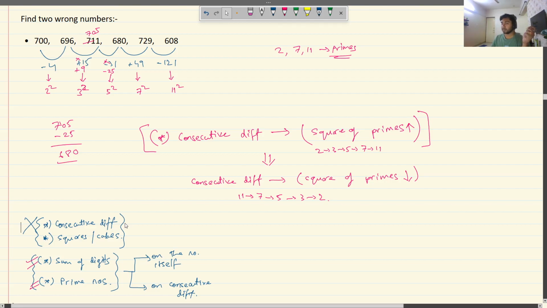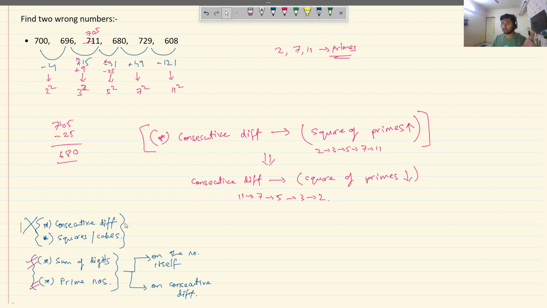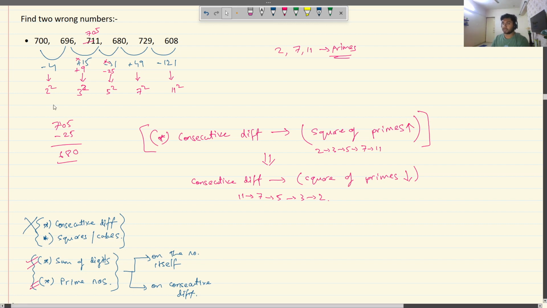But there was a mixture of squares and cubes in the previous question. That's why we discarded this logic and went a step further and checked the sum of digits.